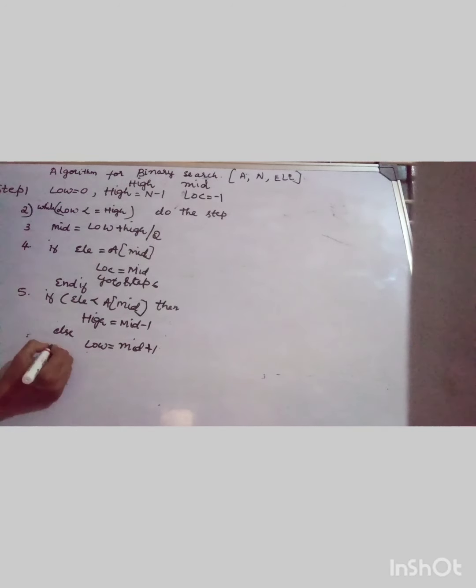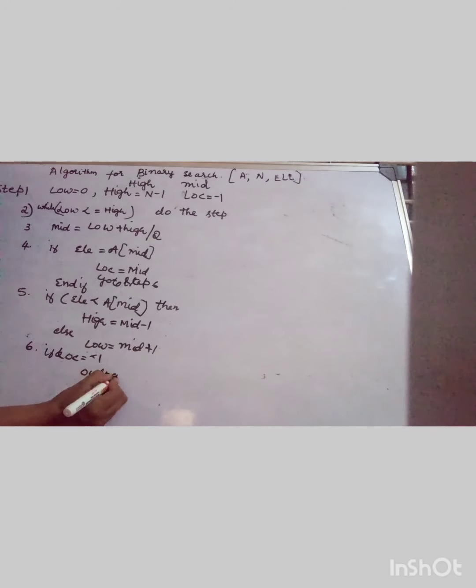Step 6: if location is equal to -1, then output element not found, else output element found at the position. All these things we should write.